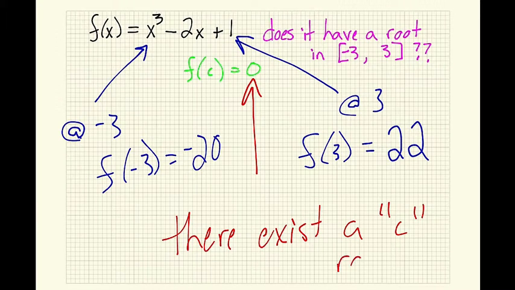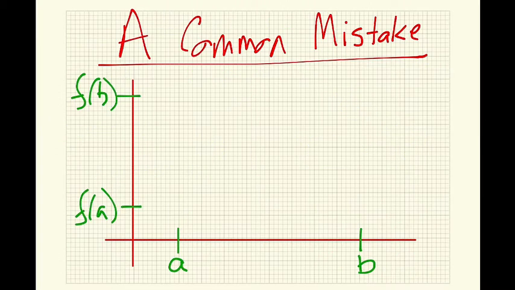There exists a root. So this shows me that, yes, indeed, I have a root, which is a good thing to know because it would be a shame to go chasing after a root if there didn't exist a c such that the function was equal to 0.